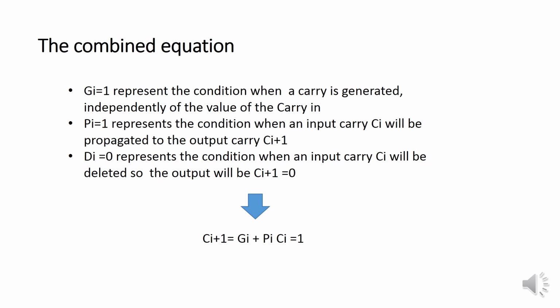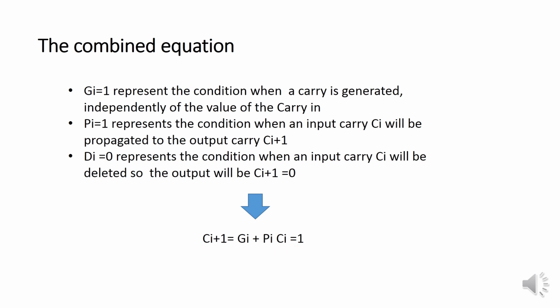So, I have converted the carry generate scenario, carry propagate scenario and the carry delete scenario into 3 equations: G equal to 1, P equal to 1 and D equal to 0. Now, it is interesting to note that we can combine the G and P functions to produce another expression, which is this one.